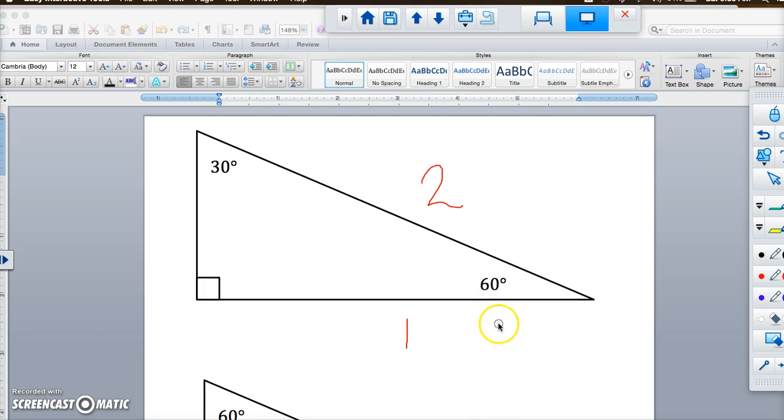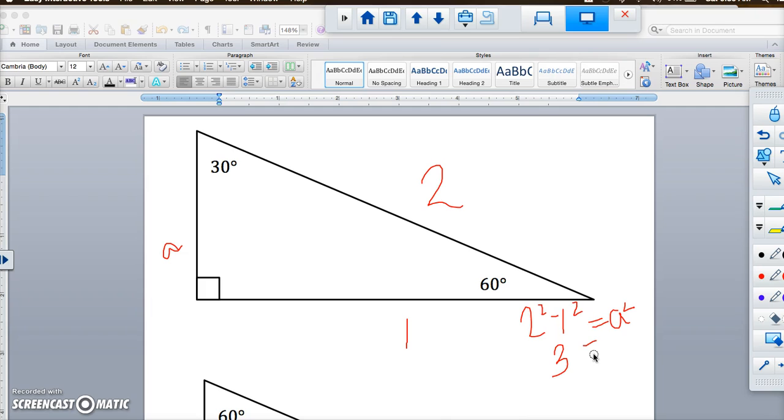By Pythagorean theorem, to find the length of this side, we'll call it A, we get 2 squared minus 1 squared equals A squared. So 2 squared minus 1 squared, that's 4 minus 1, is 3.